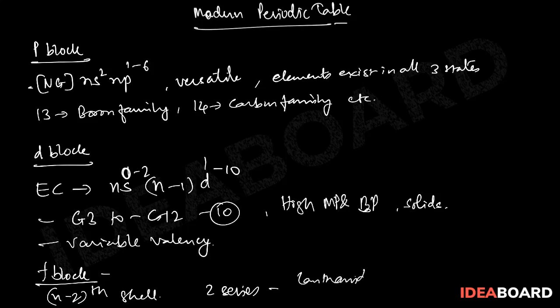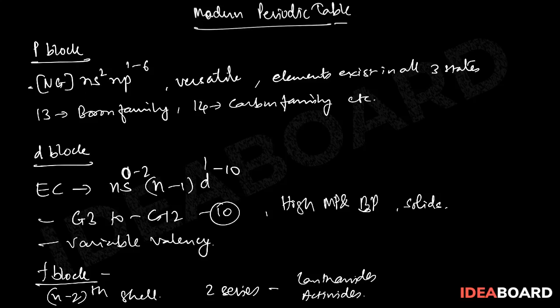So lanthanides and actinides. Lanthanides are from atomic number 57, it is after lanthanum. Then actinides are after 90, that's thorium.